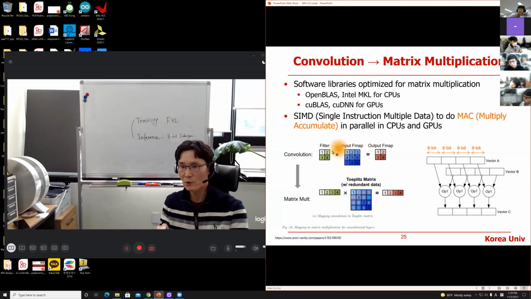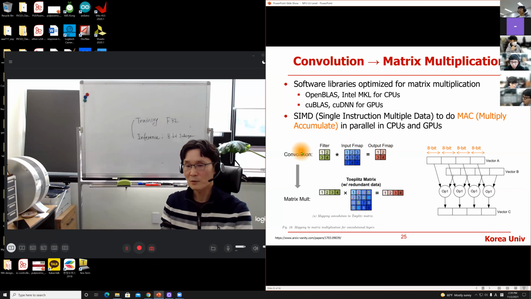Then with one pixel shifted, 2, 3, 5, 6 of the input image and the filter, convolution operation, then you get this second value. And that convolution operation can be converted into matrix multiplication.